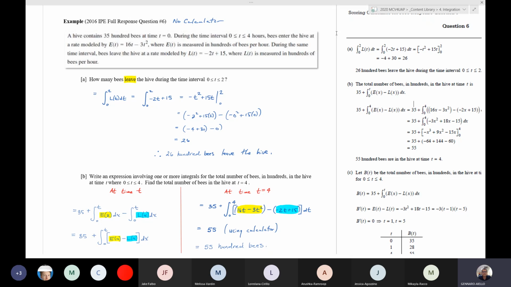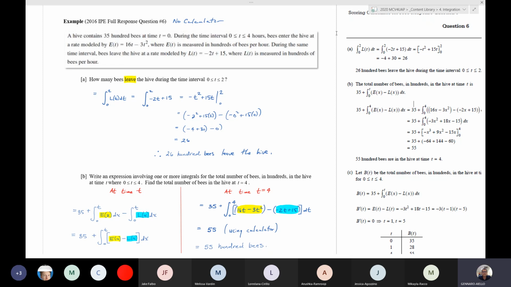So it's not asking how many bees are in the hive, it's not asking what's the total number of bees, it's not asking how many bees enter the hive. It's just how many bees leave the hive. So if we integrate the rate at which bees are leaving the hive over that time interval from 0 to 2, then that'll tell us how many bees have left the hive.